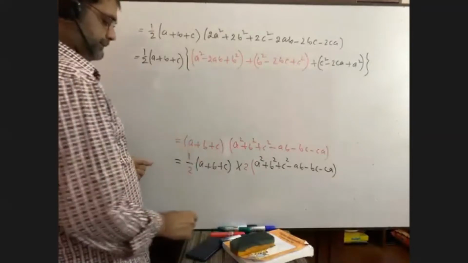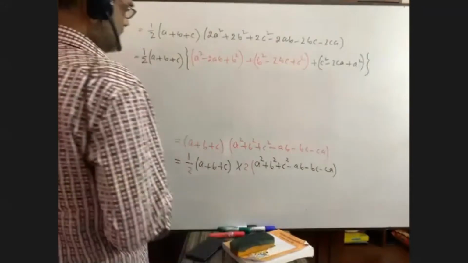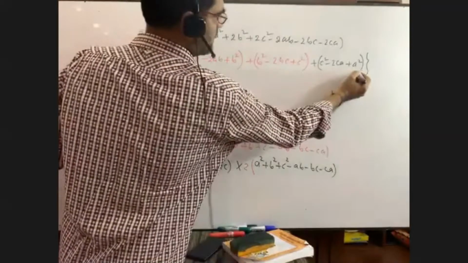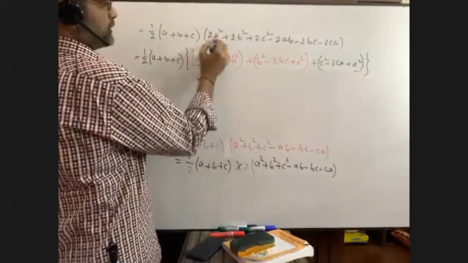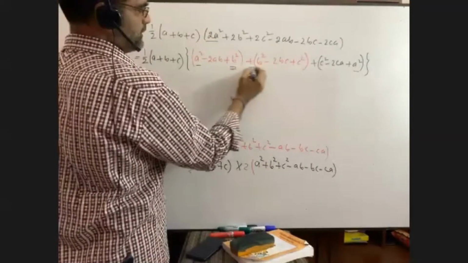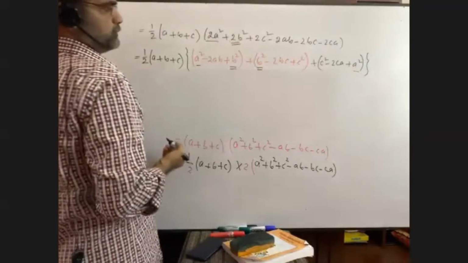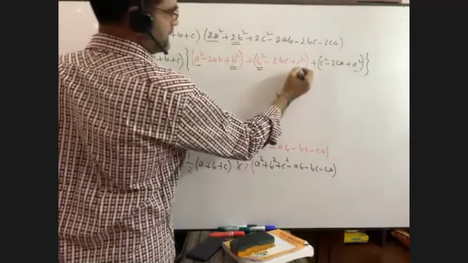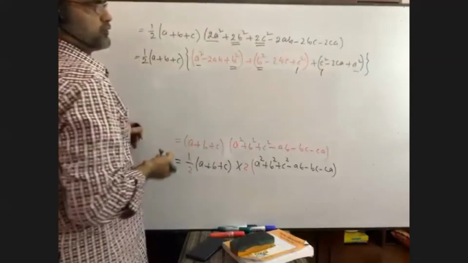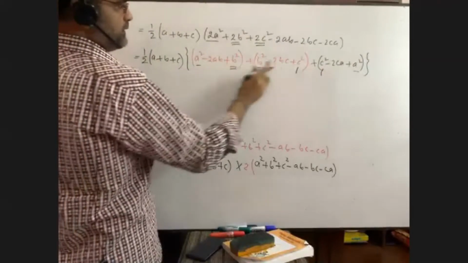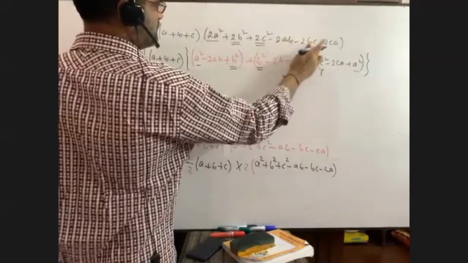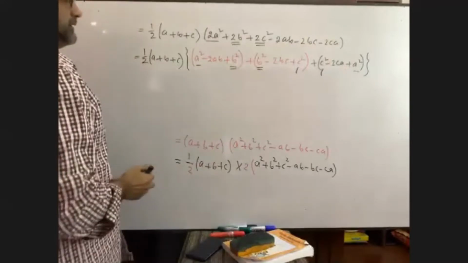You see, it is a square. We are getting a square. These two make 2a square. It is b square. B square plus b square equals 2b square. It is c square. C square will make 2c square. And minus 2ab, minus 2bc, minus 2ca.